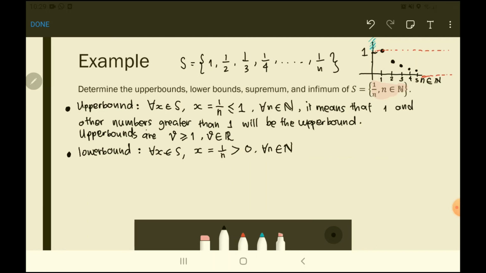So 0 is one of the lower bounds, and of course all numbers smaller than 0 are lower bounds as well.